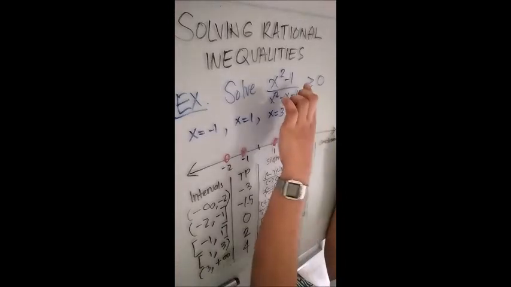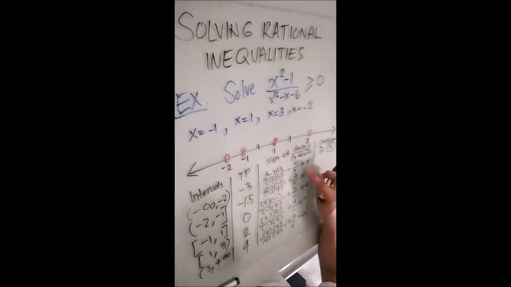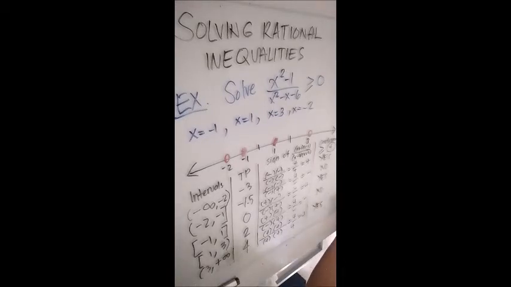So we take a look at the original inequality, that is greater than or equal. So if this is greater than or equal or greater than, we're going to take the positive sign. Is this a solution? Negative, no. Positive, yes. Negative, no. Positive, yes. So what is now the solution?